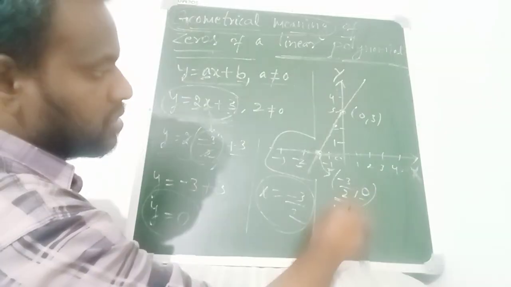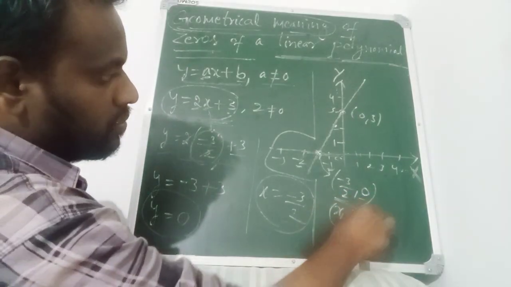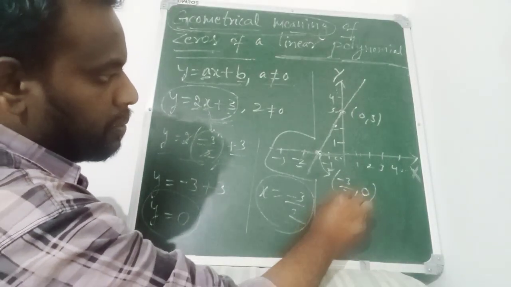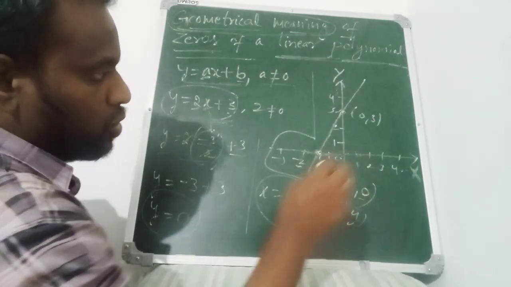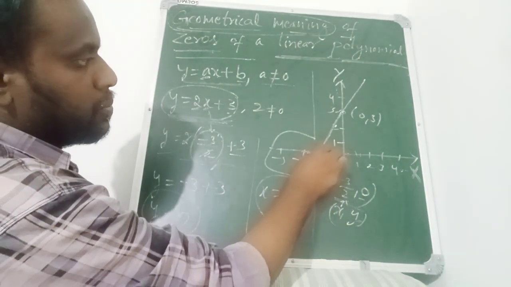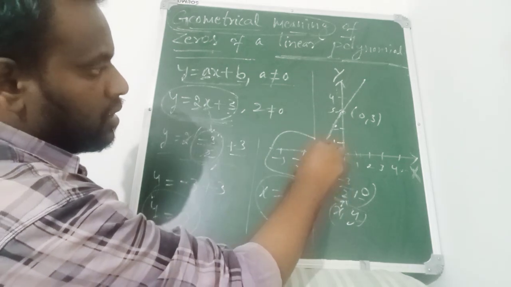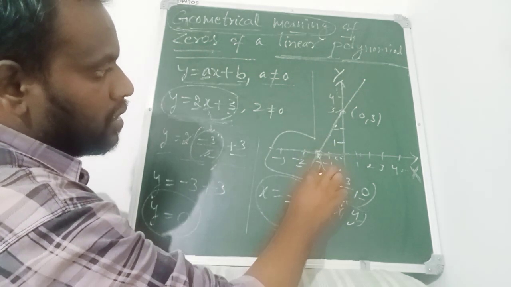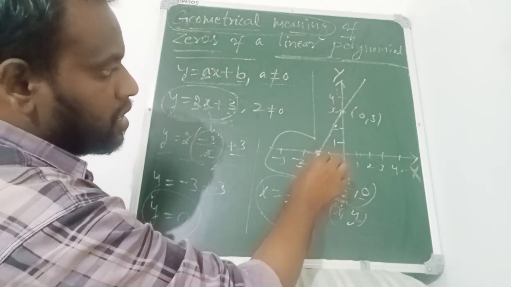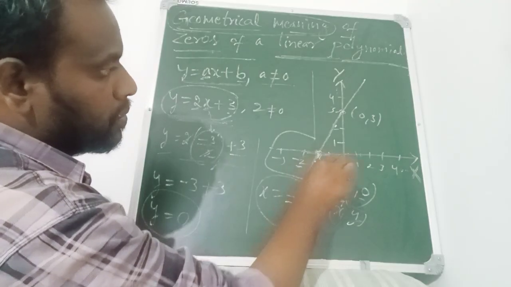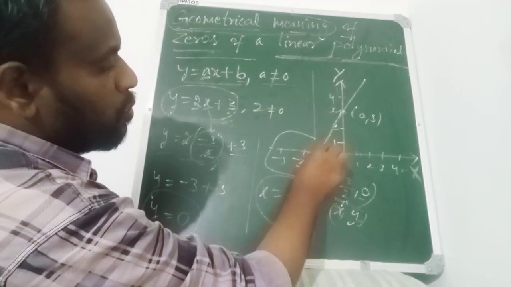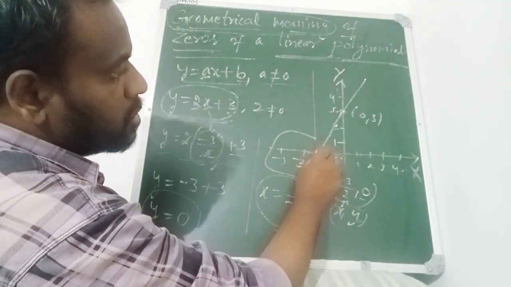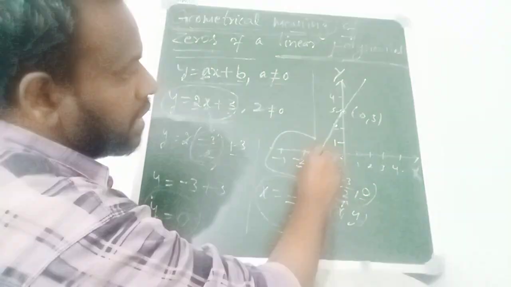So this point is in the form of x comma y. So x is equal to -3/2, y is equal to 0. Here -3/2 is there, so this is x is equal to -3/2. If you want the corresponding y value, you have to go like this.